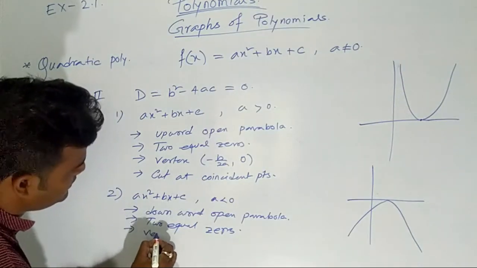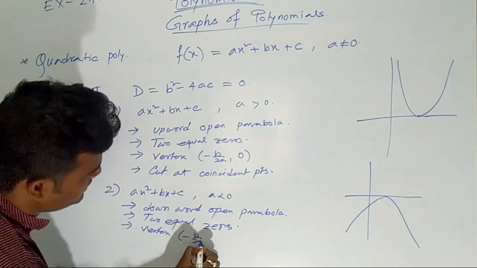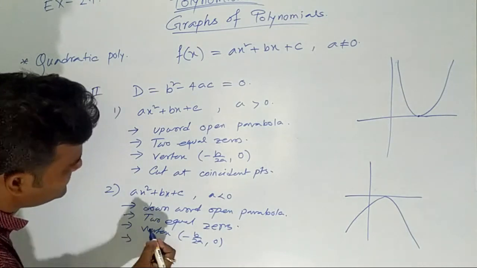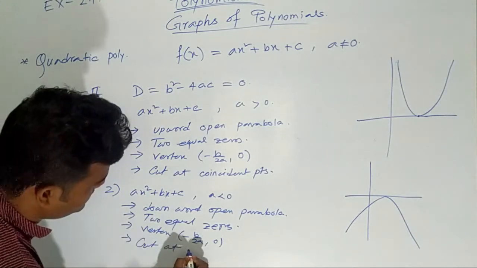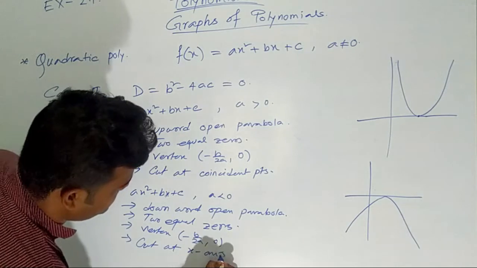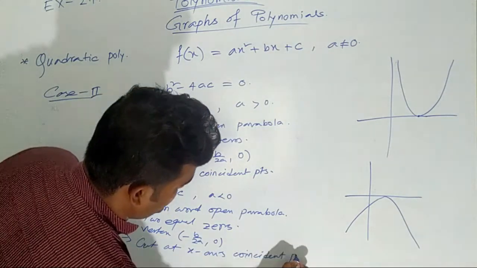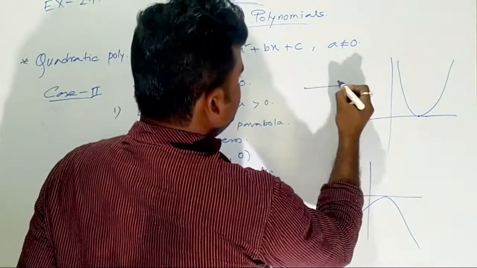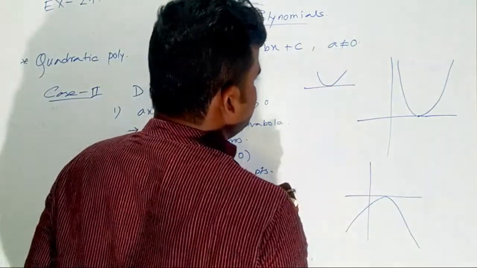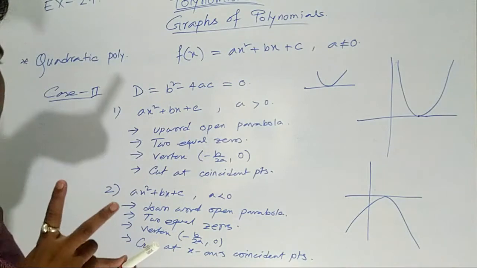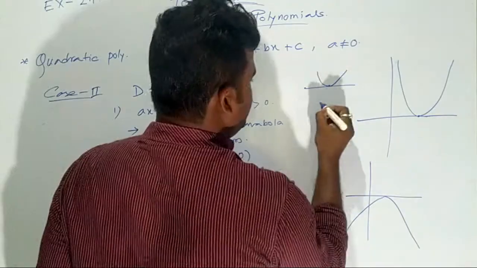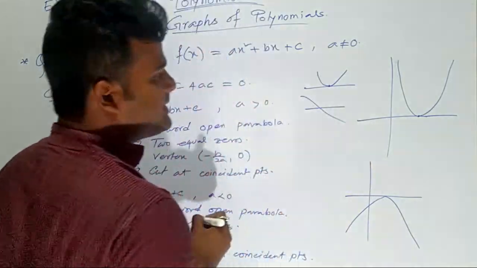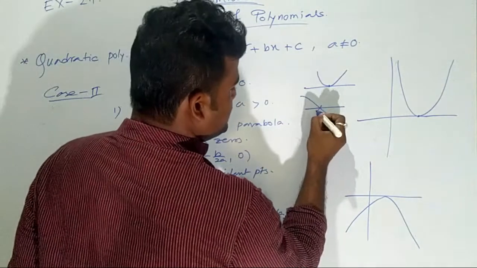And third, the vertex is minus b by 2a comma 0, and it cuts the x-axis at coincident points. When any curve touches the x-axis, then there are two roots and the roots are equal. If the graph cuts the x-axis, that means there is one zero.